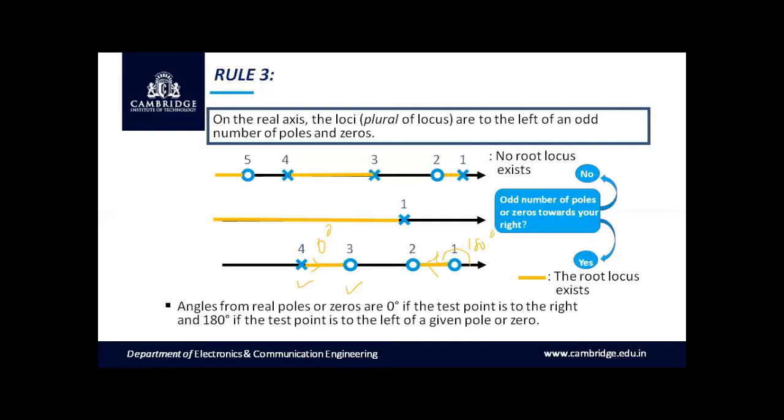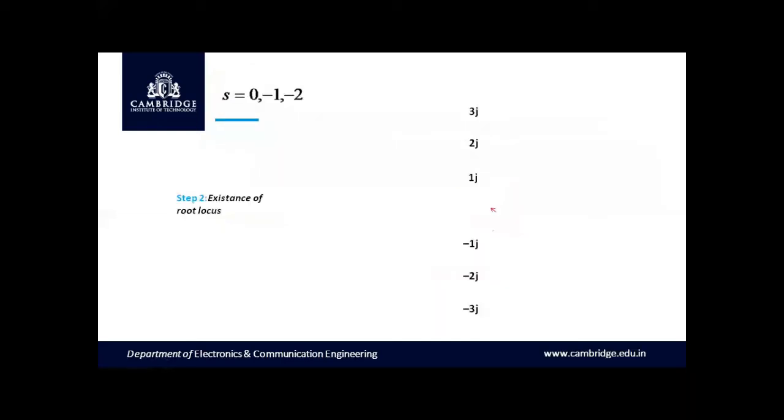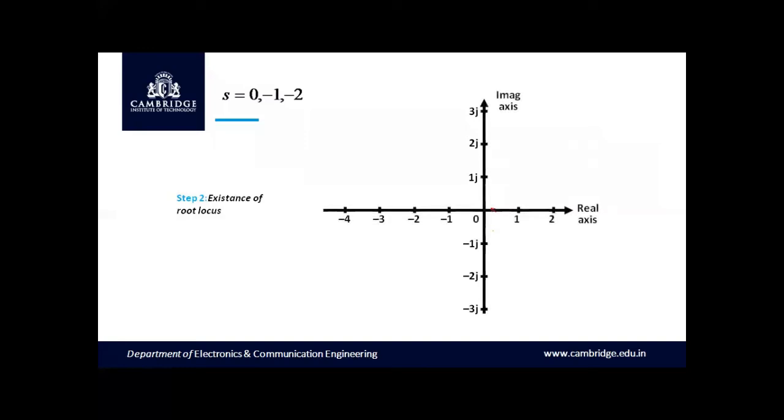Now let us mark the existence of root locus for an example which has poles at s equal to 0, s equal to -1 and s equal to -2. So take any point on the real axis, look at the right side. Are you able to see any odd number of poles and zeros towards your right?